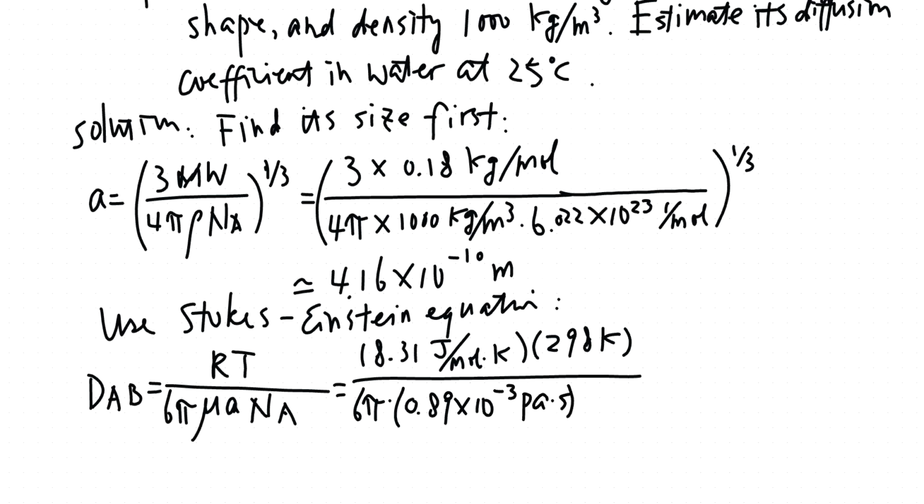Then the radius is 4.16 times 10 to the minus 10 meter. Also Avogadro's number, 6.022 times 10 to the power of 23 per mole.